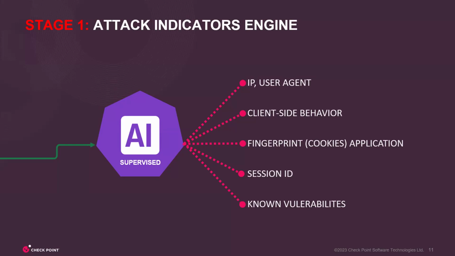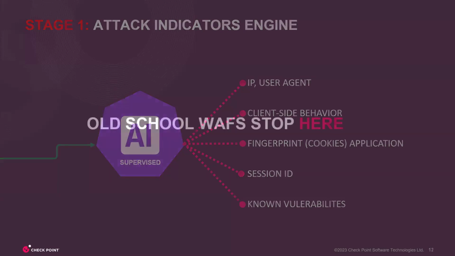But then, those scores are assigned not only for each indicator by itself, but also for pairs of indicators. In addition, the indicators are associated with certain attack families in which they typically occur. So the scoring process allows CloudGuard to take an accurate initial decision about the attack likelihood of the HTTP request, right? And that first stage generally filters and deals with 97% of the traffic, right? So it doesn't even get to this second stage that we're going to talk about here.